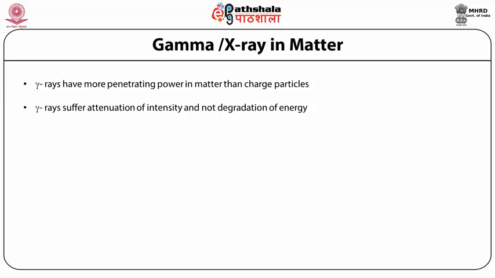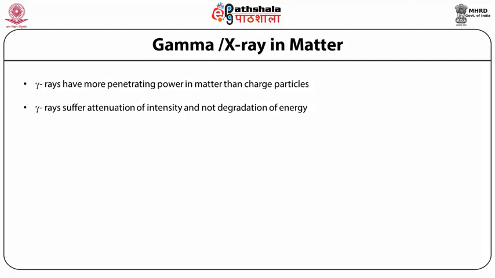When the gamma rays enter the detector medium or interact with matter, either they are completely absorbed or they are scattered. So gamma rays suffer attenuation of intensity, meaning their number is lost, there is a loss of intensity, and not degradation of energy.